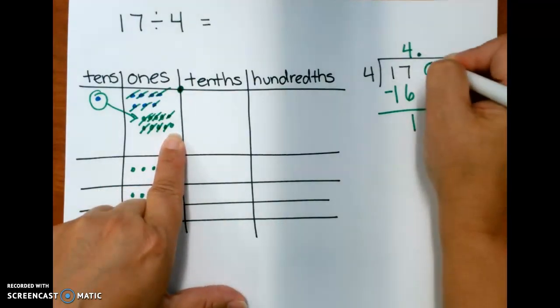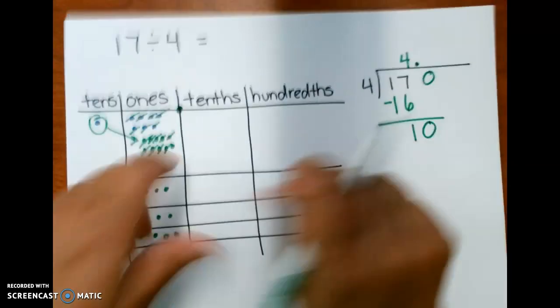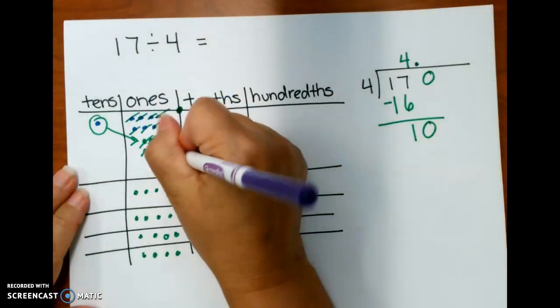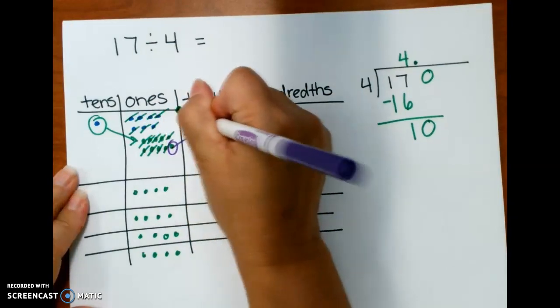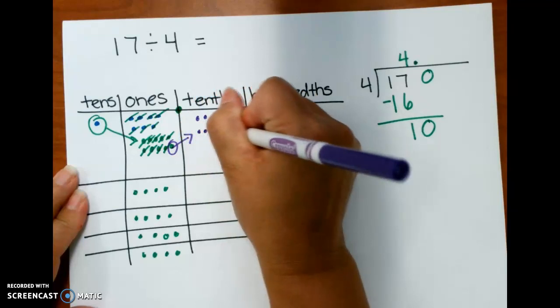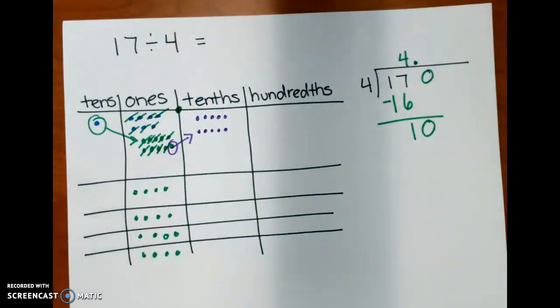So I'm going to add a 0 here, so when I move it, I know that I have 10 tenths. So I'm going to take my 1 that's here, move it to tenths. 1, 2, 3, 4, 5, 6, 7, 8, 9, 10. Now I can divide those into 4 groups.